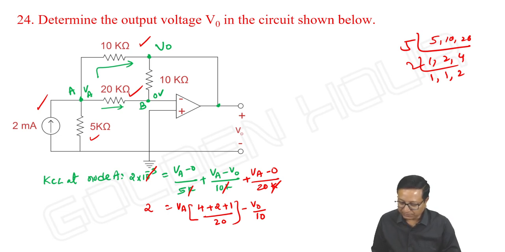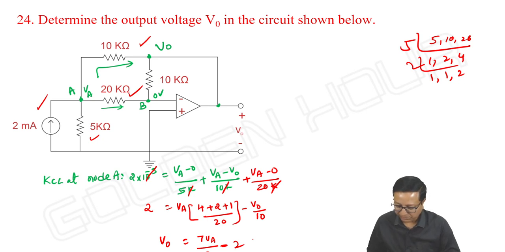So what is V output? V output is equal to 7 VA by 2 minus 2. Okay, keep it aside.